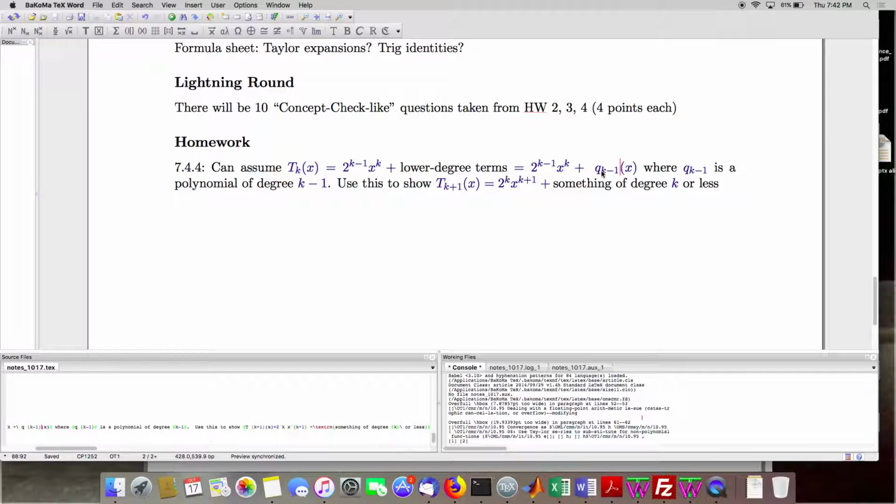Anything more? You mentioned something about cosine being one-to-one.